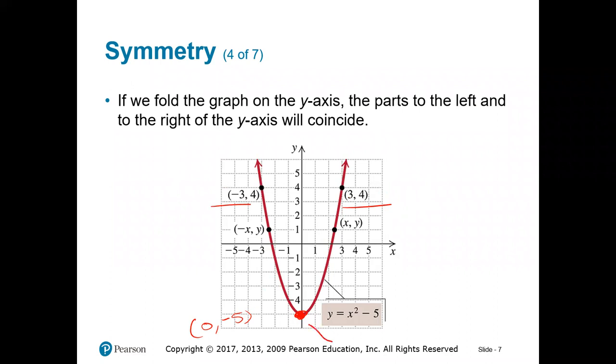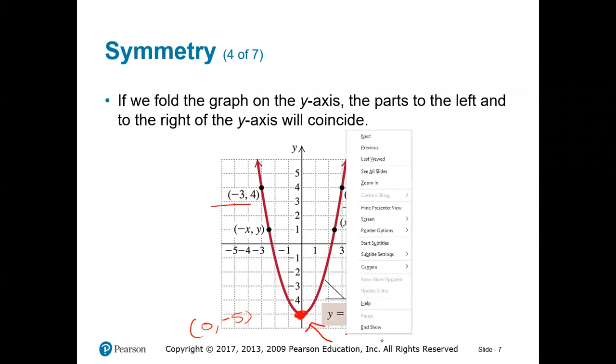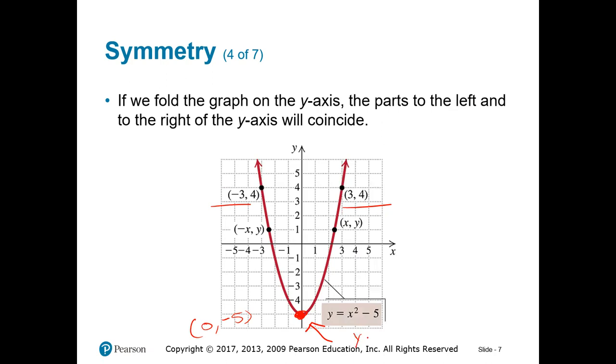It actually gives us a minimum value right here. This minimum value is y equals -5, and it occurs when x equals 0. If we wanted to know what's symmetric, the line of symmetry is x equals 0, and it's a reflection about the y-axis.